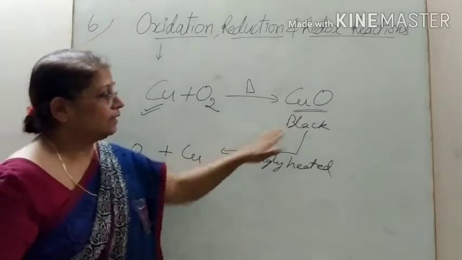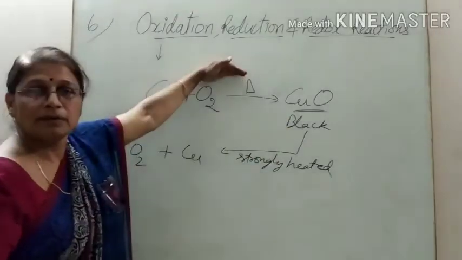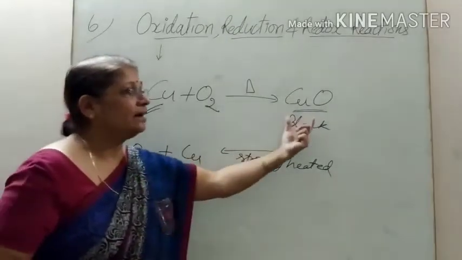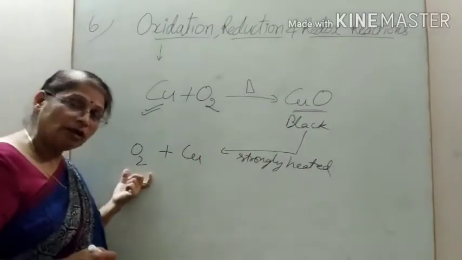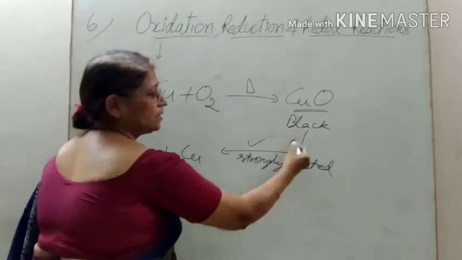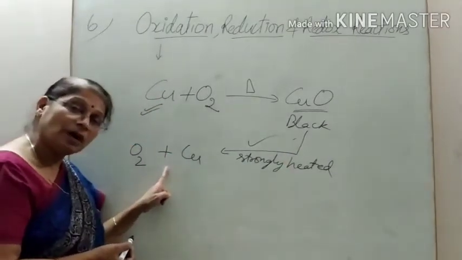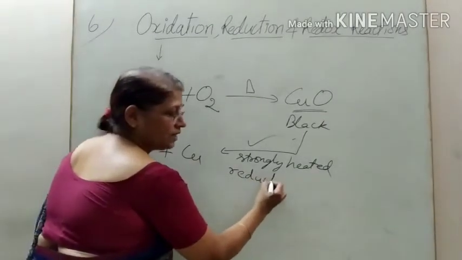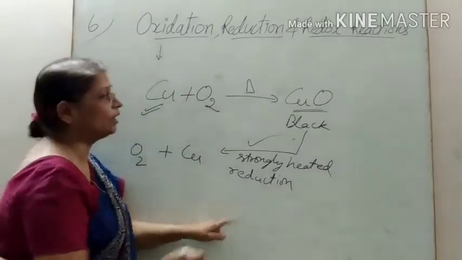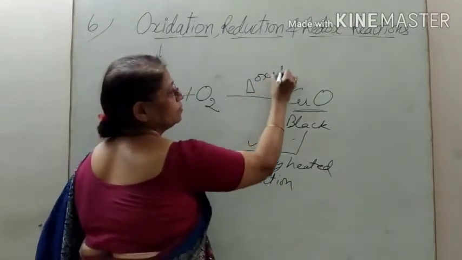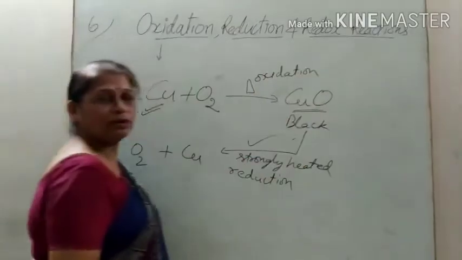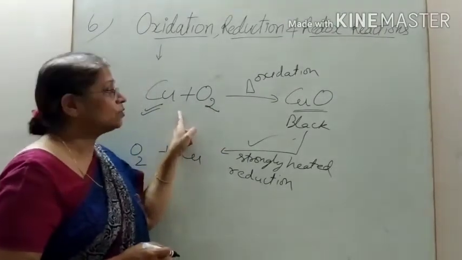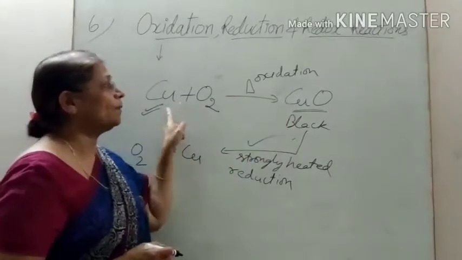In the first step, copper gets oxidized, and in the second step, copper oxide loses oxygen. In this step the removal of oxygen occurs, so this reaction is called reduction, and the other is oxidation. Why is this called oxidation? Because in this step there is addition of oxygen. It means copper gets oxidized.